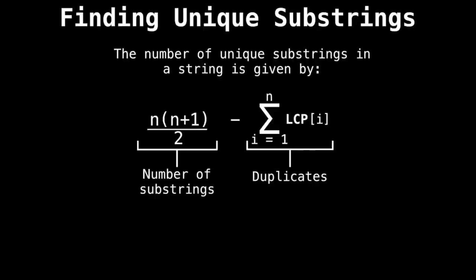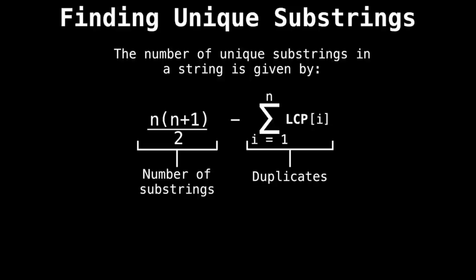We can then come up with an interesting way of counting all unique substrings. We know how many substrings there are, and that is n times n plus 1 over 2. And we also know the number of duplicate strings, that is the sum of all the LCP values. If this doesn't make immediate sense, try out a few examples and play around with it.